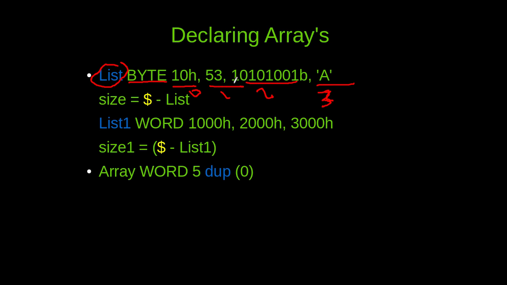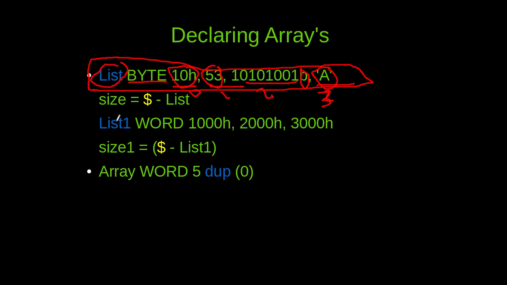I declared the first element as hexadecimal, the second element as decimal. By default, assembly, if I don't have an H, is going to take it as decimal. This is binary, and this is a character A. Each one of those is a byte.